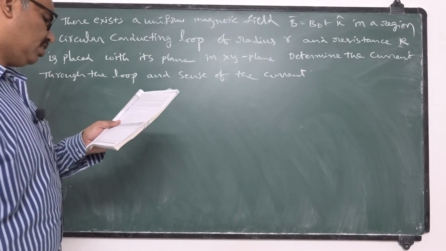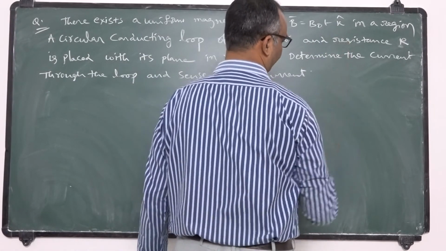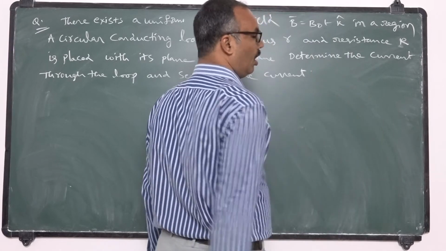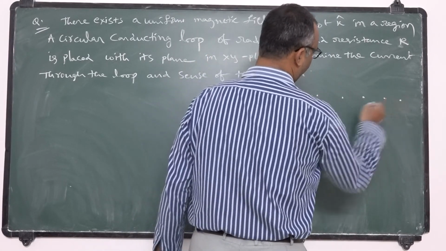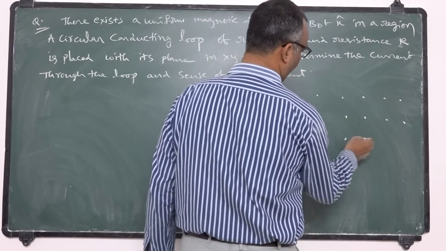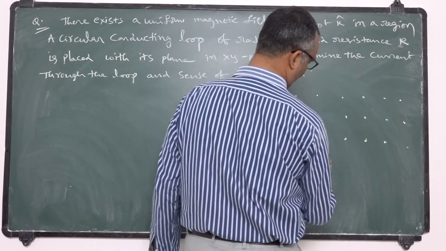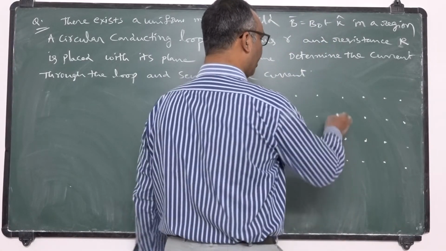So there exists a magnetic field out of the paper. Here K cap is along the z axis, so the magnetic field is out of the paper. And here is the loop.